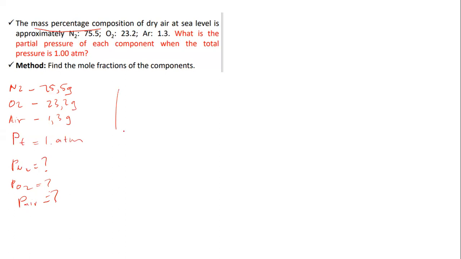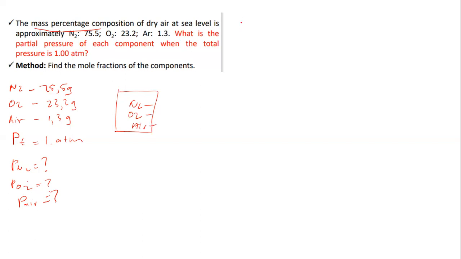Let's say we have a beaker, I'm just making an example, but obviously this is supposed to be out there in the atmosphere, because we're talking about air, nitrogen and oxygen. We have nitrogen gas, oxygen gas, and air in it. Remember, air is composed of other different types of gases, such as methane. So for this mixture of gases, we want to determine the partial pressure of each component.